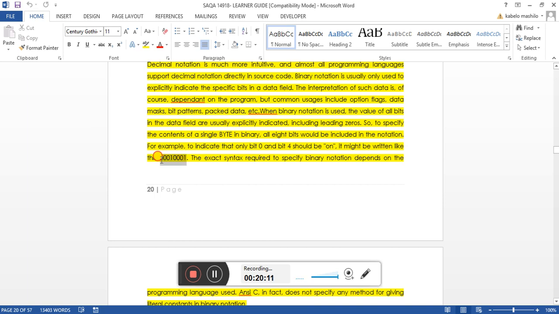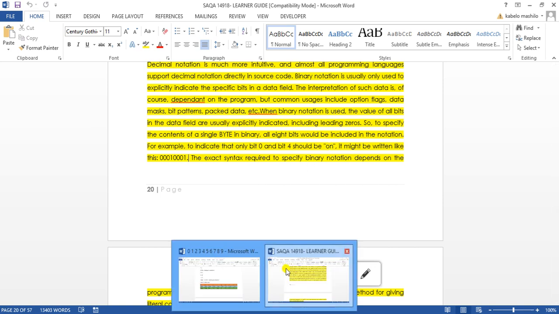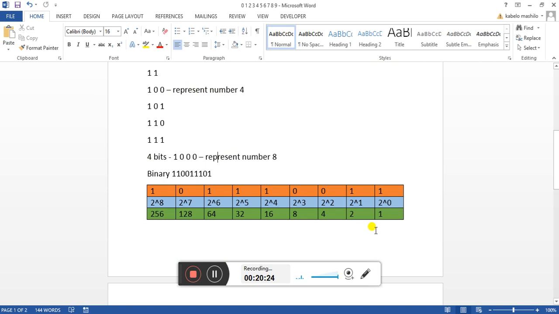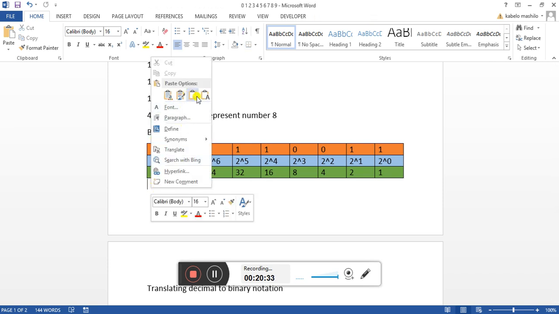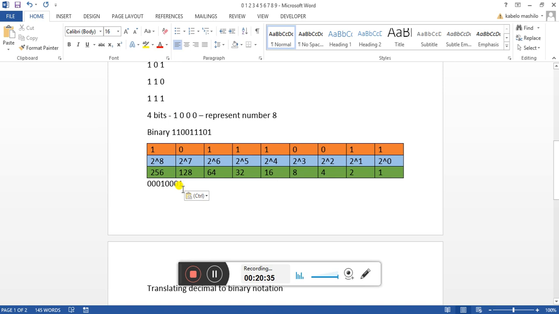If we want only bit 0 and bit 4 to be on, on is 1. So we want to know in which position it would be on, counting from right to left.